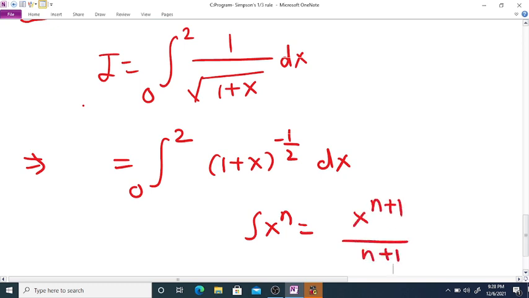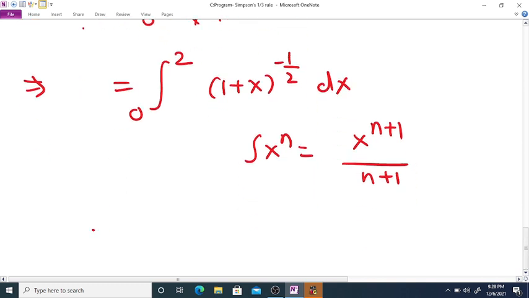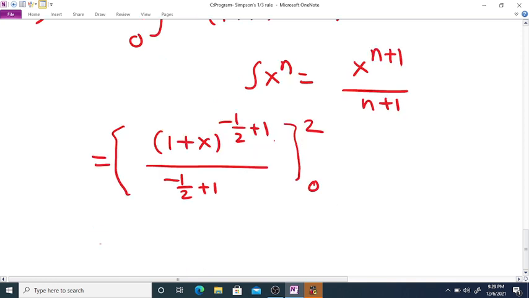By using this formula, here n is minus 1 by 2, so the value of this integration is (1 plus x) raised to minus 1 by 2 plus 1 divided by minus 1 by 2 plus 1, with limits 0 to 2.